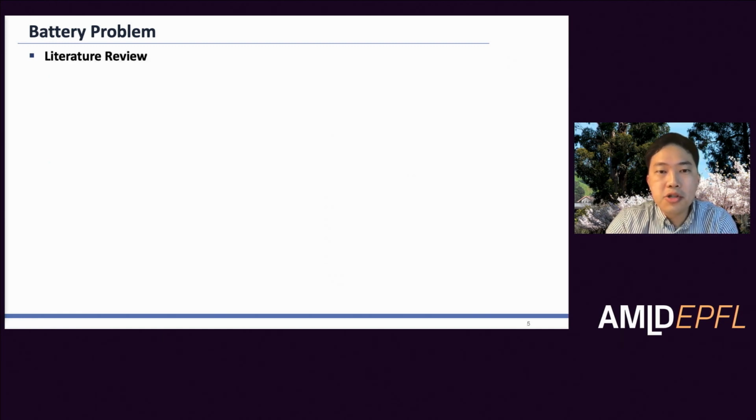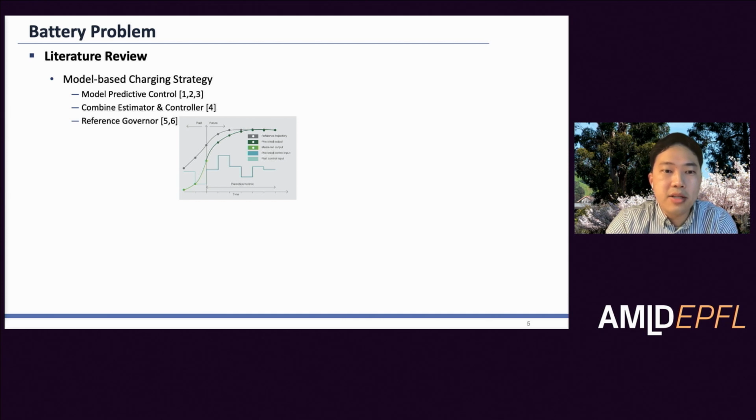In the literature, we can view model-based control strategies, such as model predictive control, combining an estimator and controller, or using a reference governor. In this model-based approach, we still have model uncertainty.